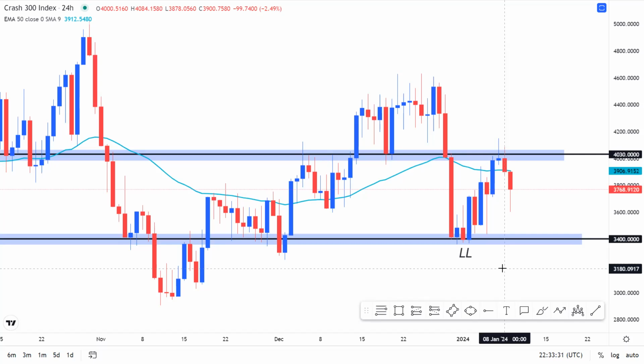An area of interest is simply an area where I am looking to get in on a sell trade, having clearly established the market's trend to the downside.